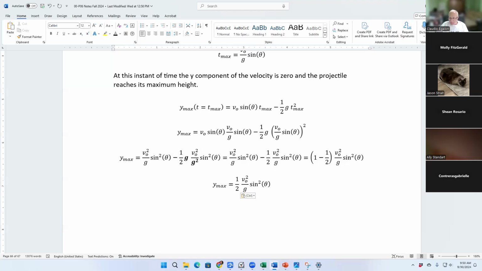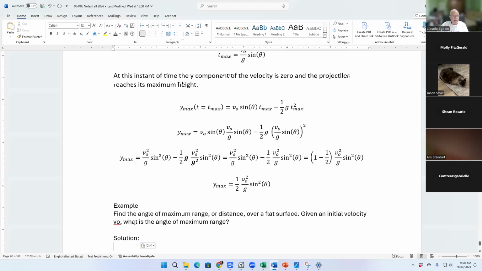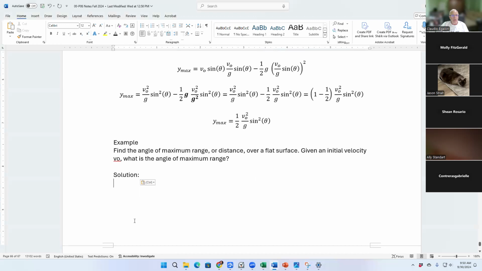We can go for another example. It's 9:50 now. Let's take a little break before we go to the next example. But in the meantime, I want you to try to solve it on your own. Find the angle of maximum range. Find theta, right?